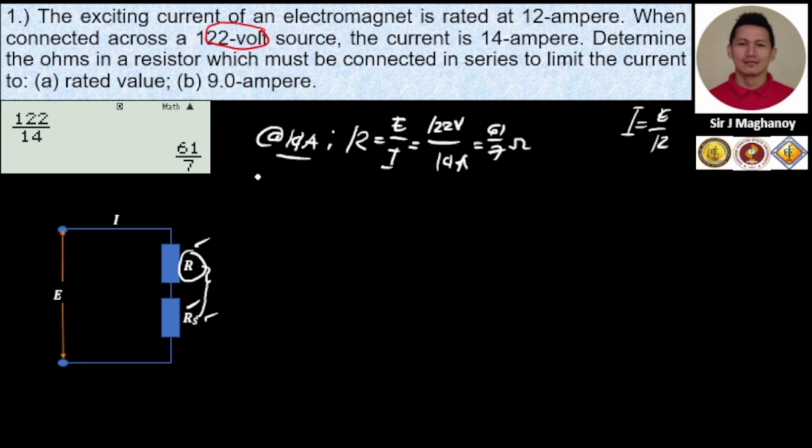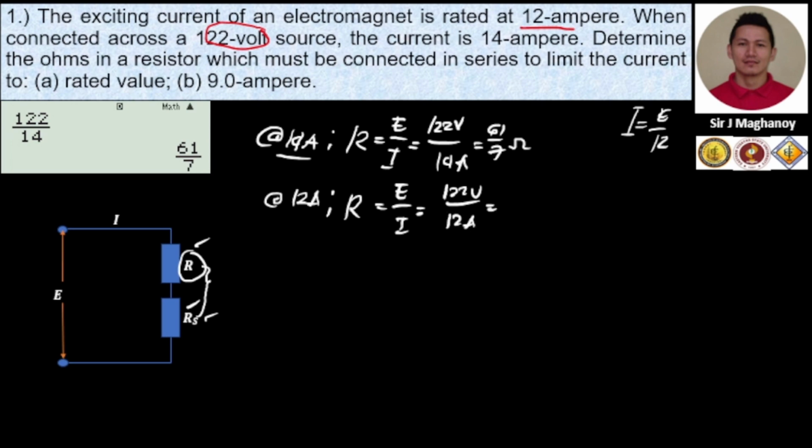Of course, what is the value of our rated resistance? We start with R at the rated value of 12 ampere. That is still Ohm's law, E over I: 122 volts over the rated current of 12 ampere.